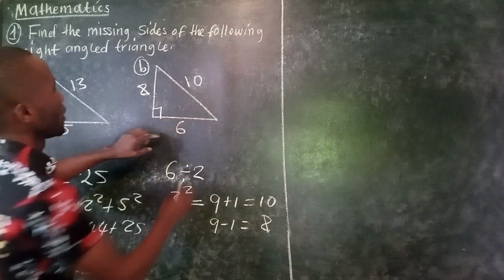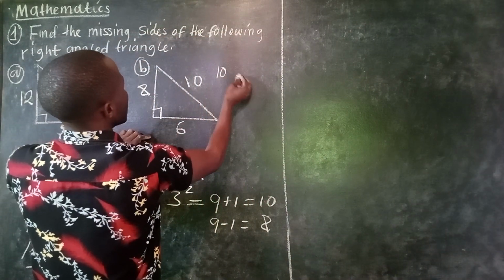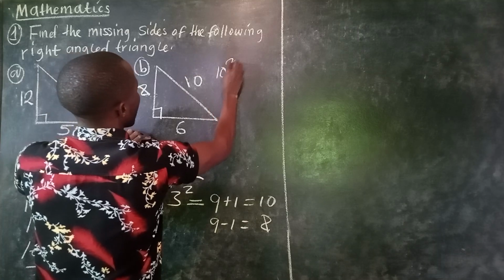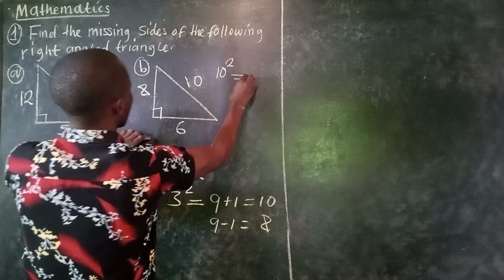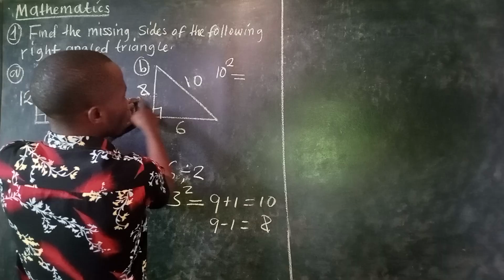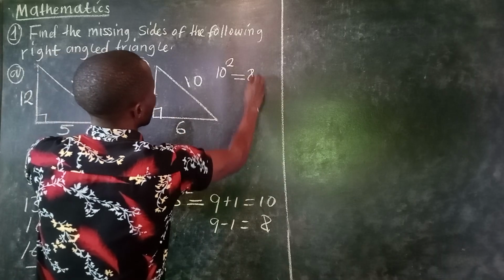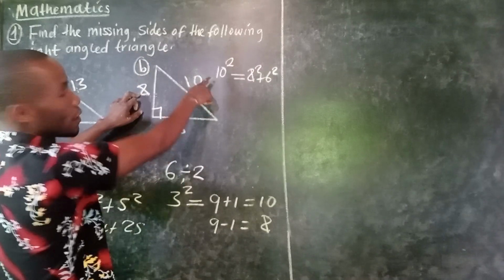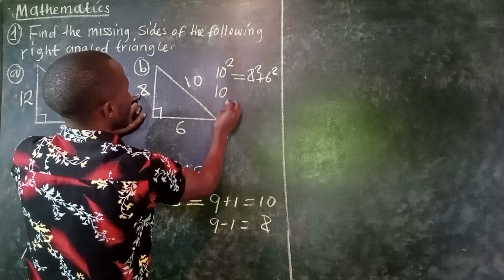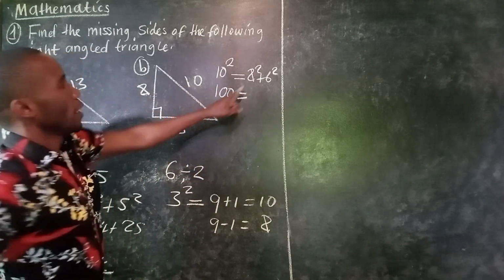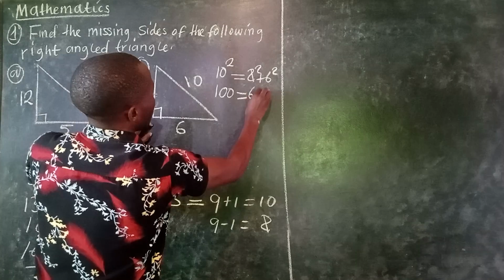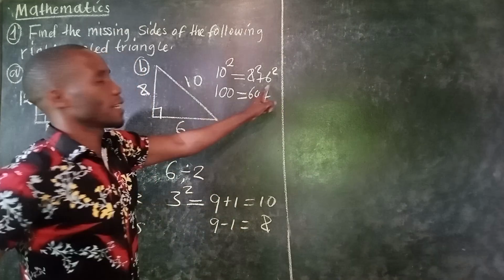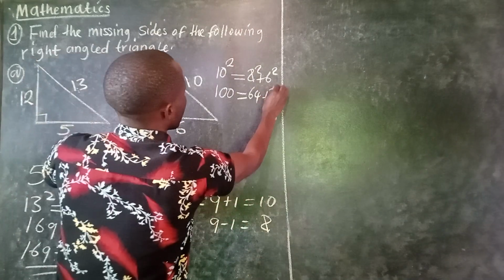This is the hypotenuse. So hypotenuse squared is equal to what? This square, 8 squared plus 6 squared. Are we going to have the same thing? 10 squared is what? 100 is equal to 8 squared, 64, okay, plus 6 squared is 36.